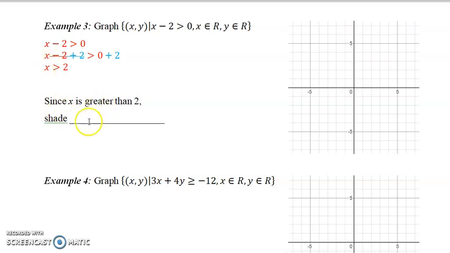So since x is greater than 2, you shade, and again, I don't think we need a test point. You can use one if you want. We shade the region or the area, whatever you want to call it, the region to the right of the inequality. And I'm going to show you what I mean by that in a minute. Okay?